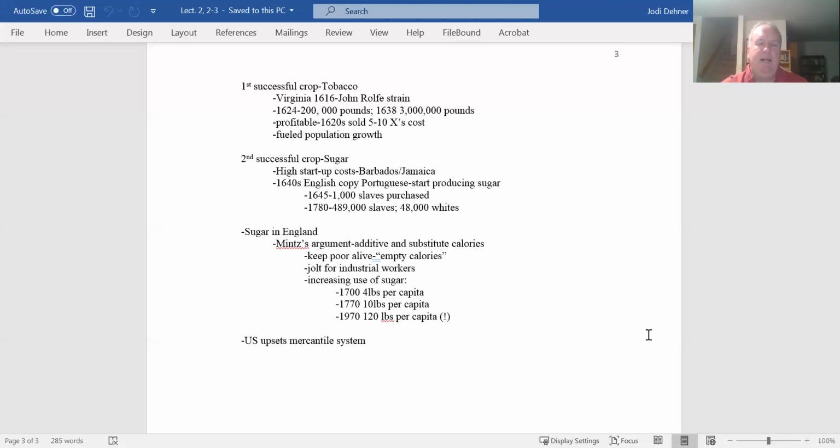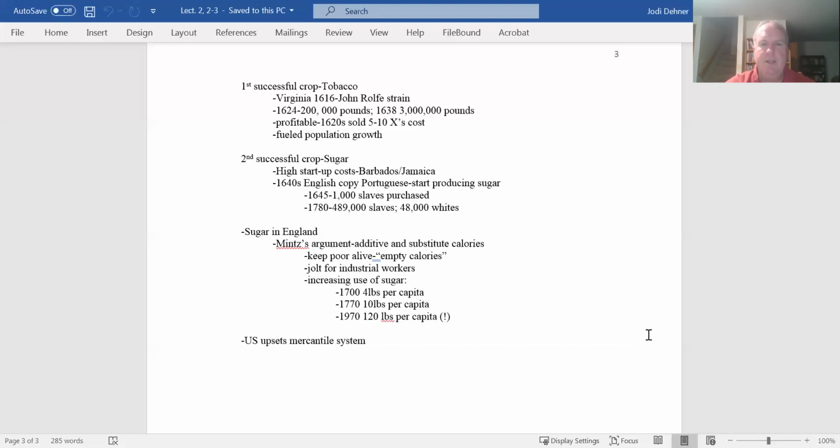And combined with that, this delivery of more and more sugar onto the market is met with increased demand. And so I chose a couple of figures. He has a whole list of them. So in 1700, the average consumption per capita in England and Wales of sugar was 4 pounds. Now per capita means per head. So that means men, women, and children.